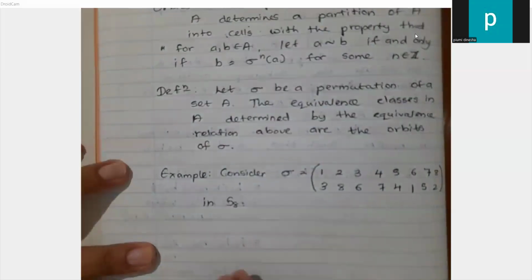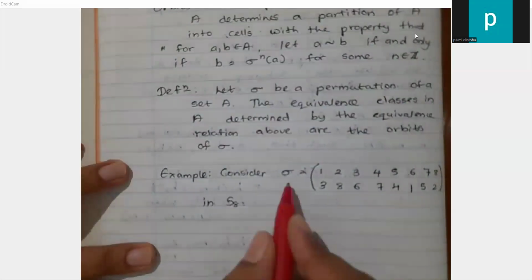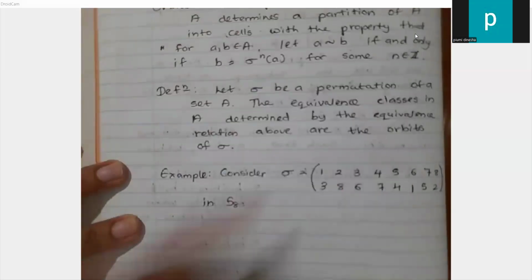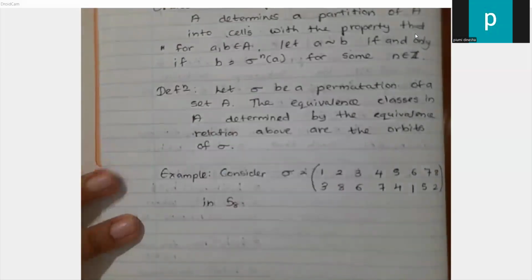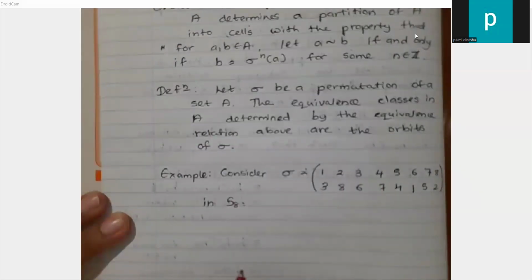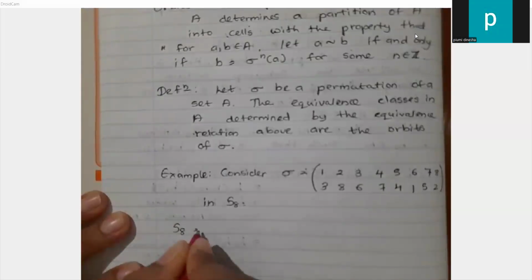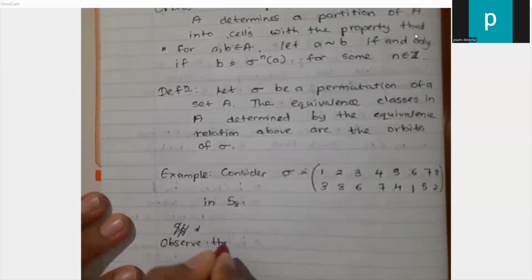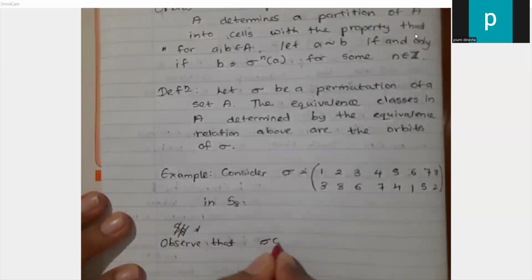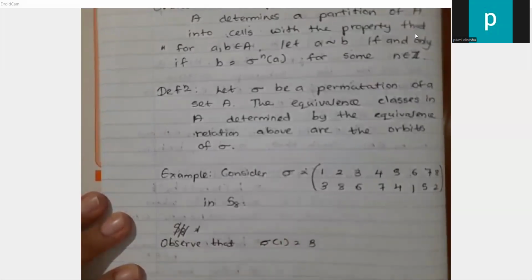Now, let's find orbits of this sigma. So we start off with just one element, right? Let's start with element 1. Observe that sigma of 1 is equal to 3, right?